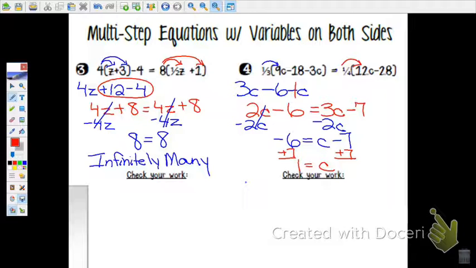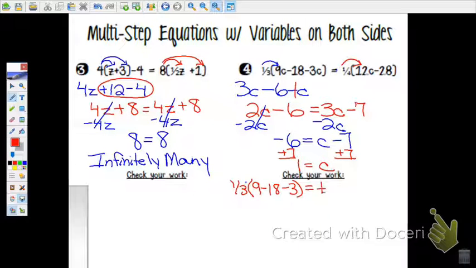Now I need to check my work in the original problem. Because my c is going to be 1, basically that c is just going away because 9 times 1 is still 9. Minus 18 minus 3 times 1 is 3.